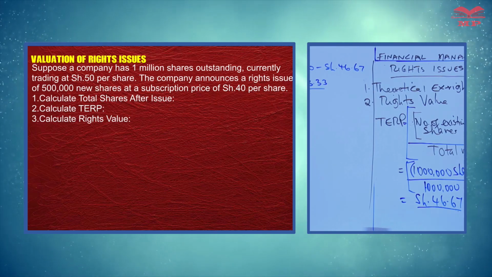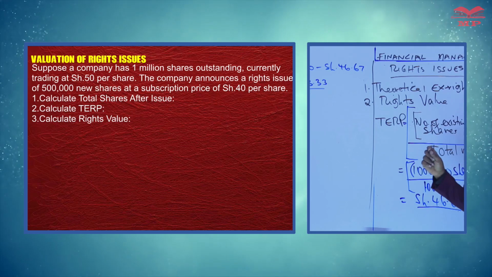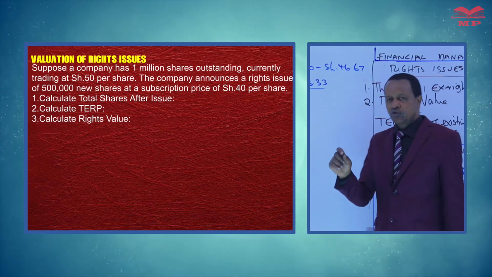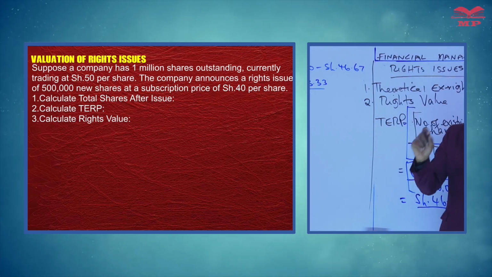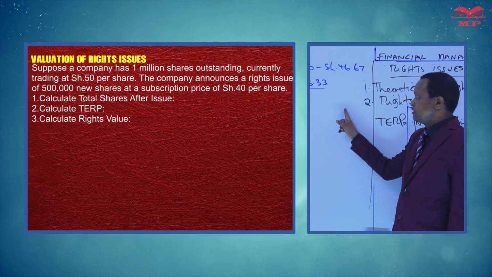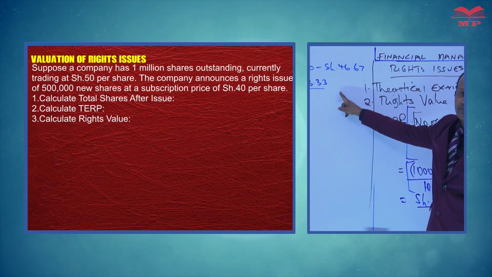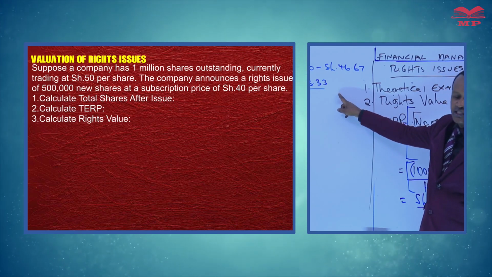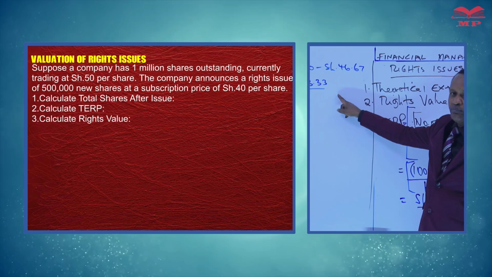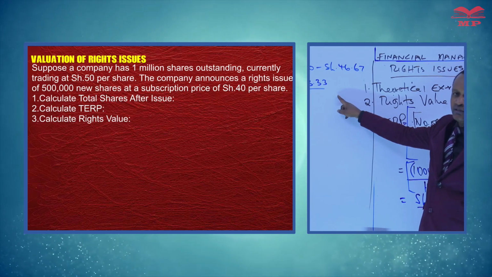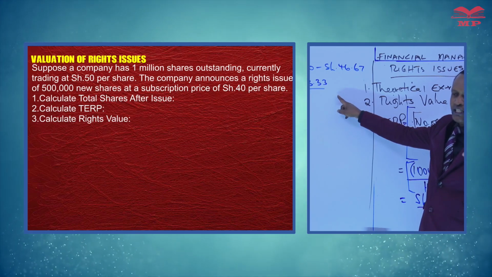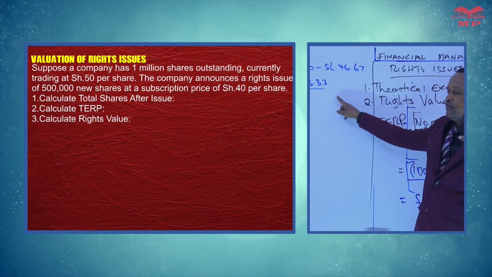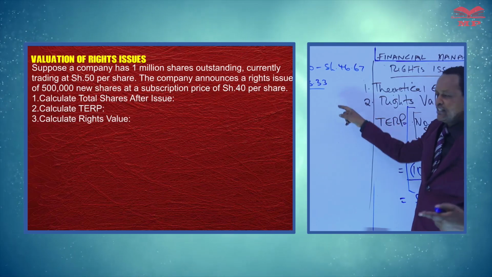The rights value of 3.33 represents a financial benefit that a shareholder is likely to enjoy for exercising the right.